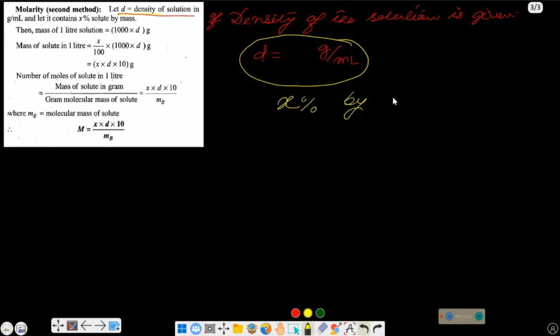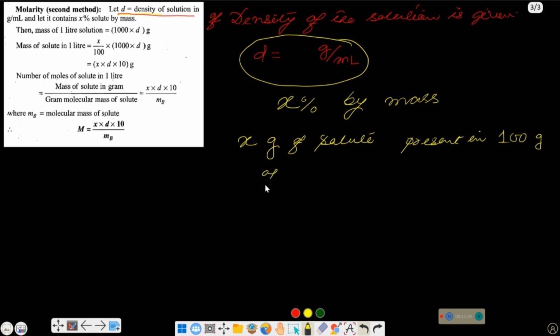We have studied that percent by mass means x gram of solute present in 100 gram of solution.